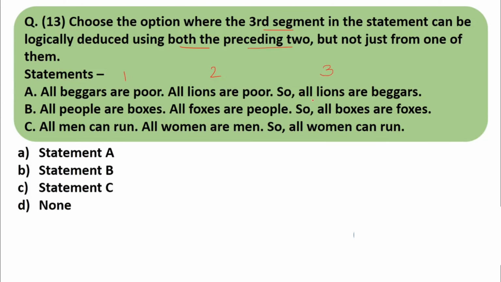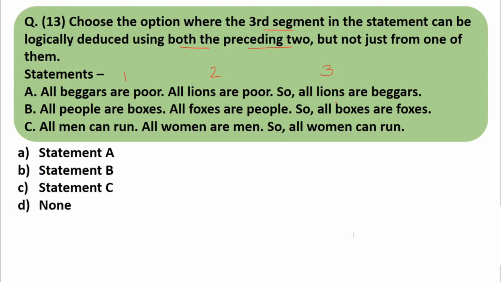The third segment should be logically deduced using the first two. It should not happen that because of one sentence you directly get the conclusion. Using both the sentences you should logically get this third segment as the conclusion.